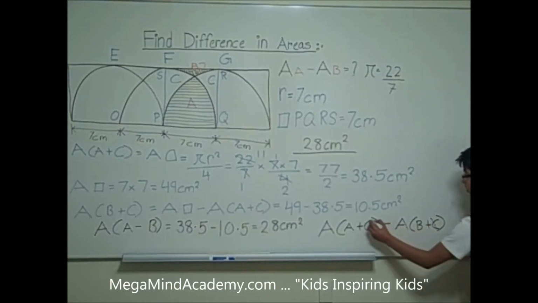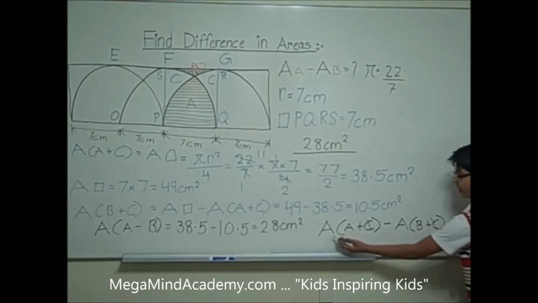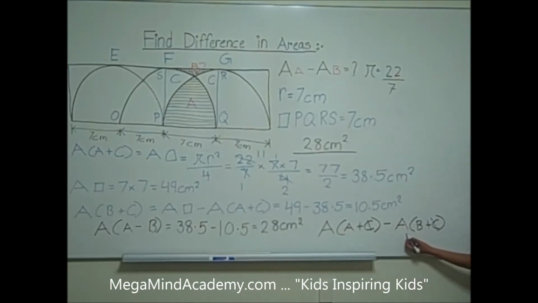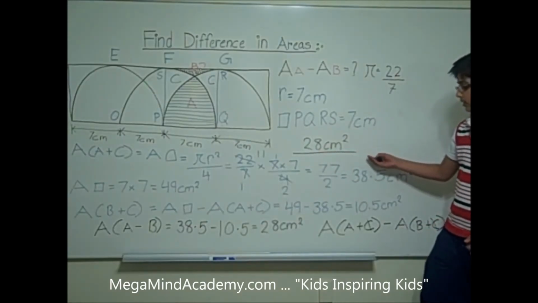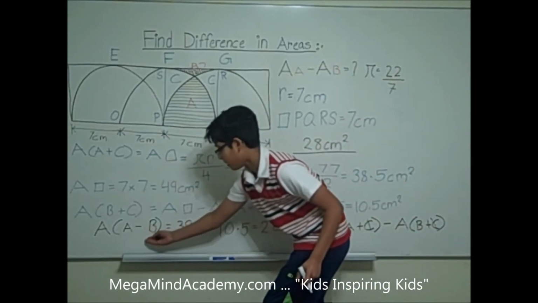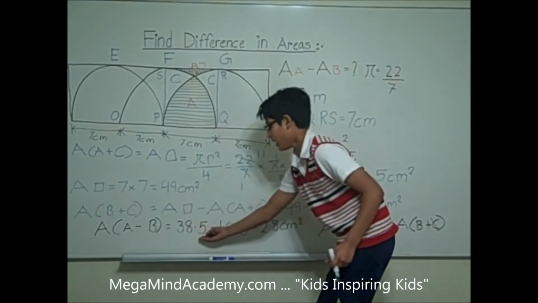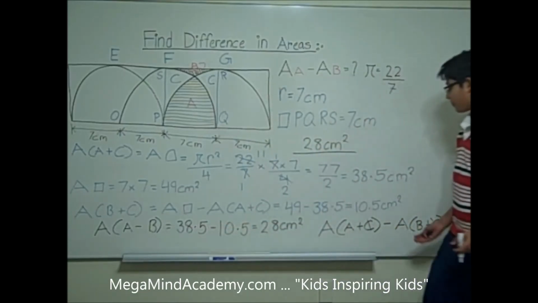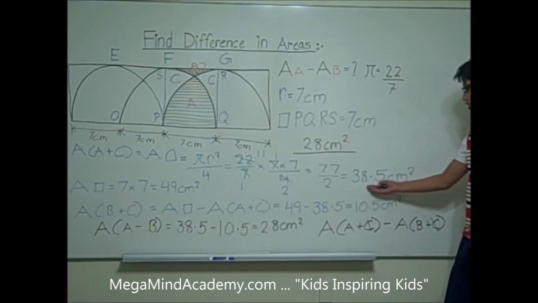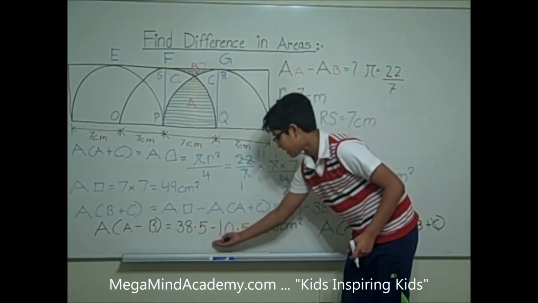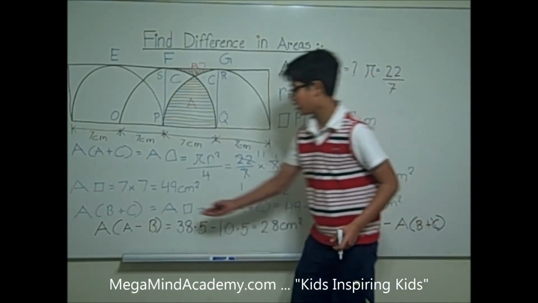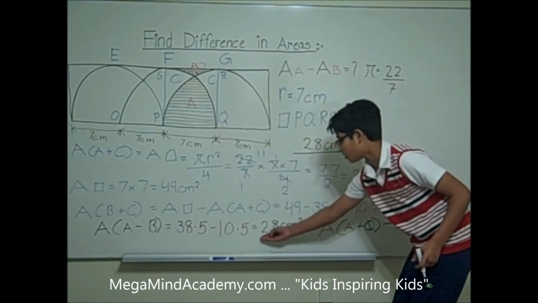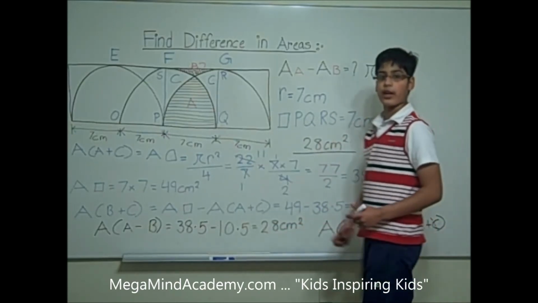So C gets canceled out and we are left with the area of portion A minus the area of portion B, which is 28 centimeters squared. The area of portion A minus portion B is equal to 38.5, which is the area of portion A plus portion C, minus 10.5, which is the area of portion B plus portion C, which is equal to 28 centimeters squared.